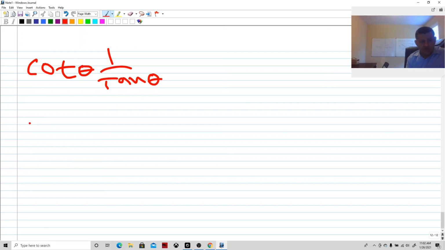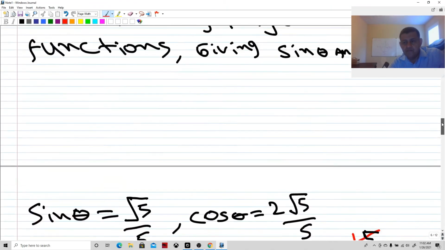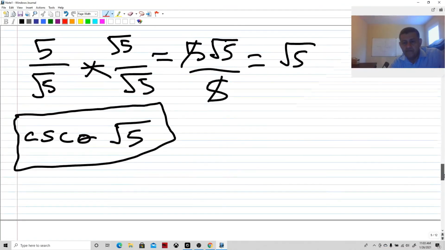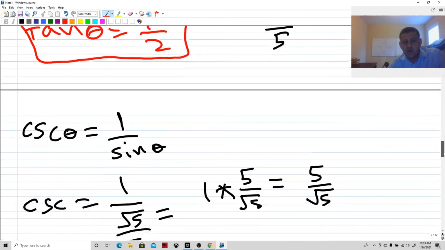So cotangent of theta equal to 1 over 1/2, right? Because that's what we found. Yes, tangent of theta is 1/2.